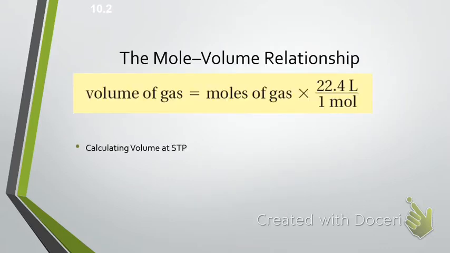So from this we can get our mole to volume relationship. The volume of a gas equals the moles of gas times 22.4 liters per mole if we're working at standard temperature and pressure. So this is your conversion factor that you'll use for dimensional analysis.